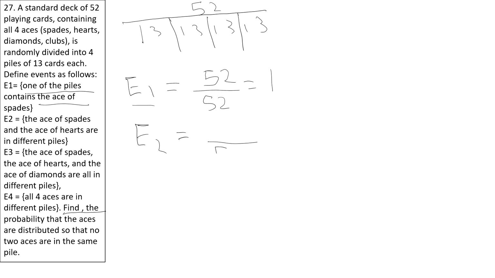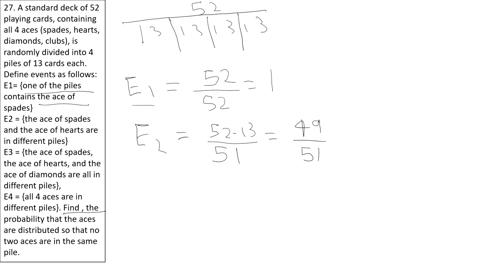So how many cards are left? 51 cards are left because we have already put the ace of spades. And how many eligible cards are left? That is 52 minus 13 because one pile has been eliminated, so that will be 49 by 51. So this is the probability for this.